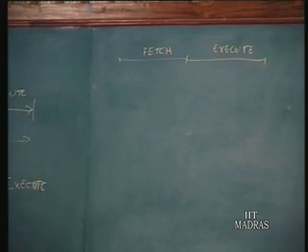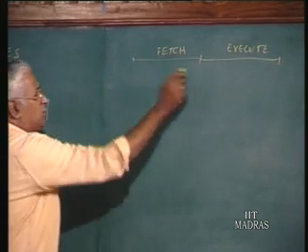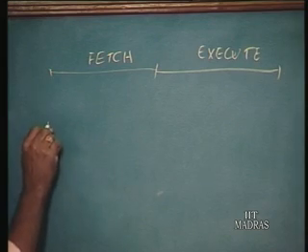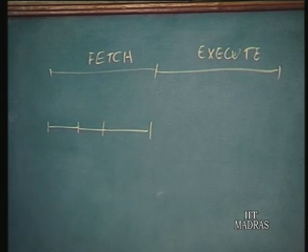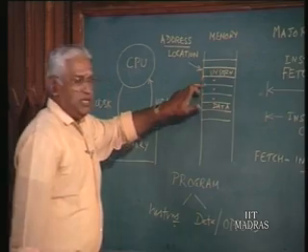Now, we can see that the instruction fetch may consist of fetching possibly 1 or 2 or 3 units of information or data.